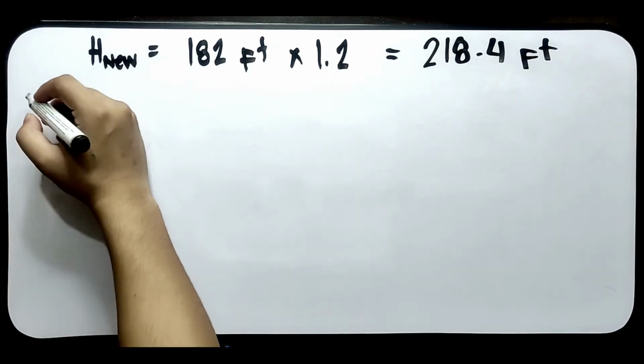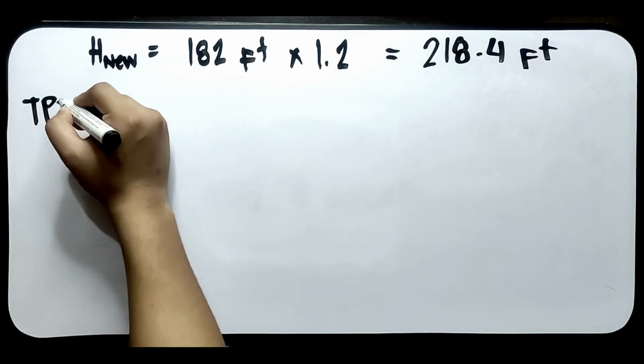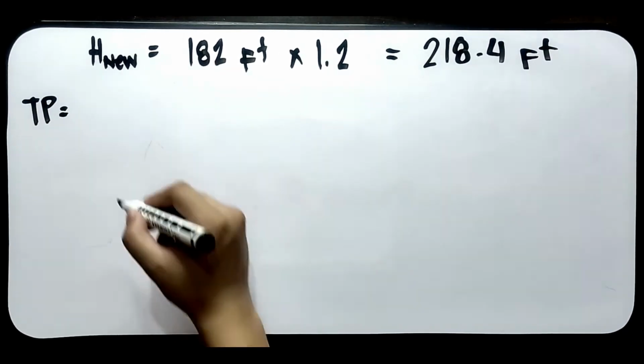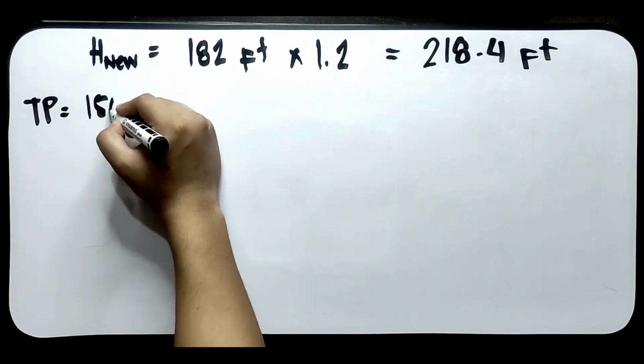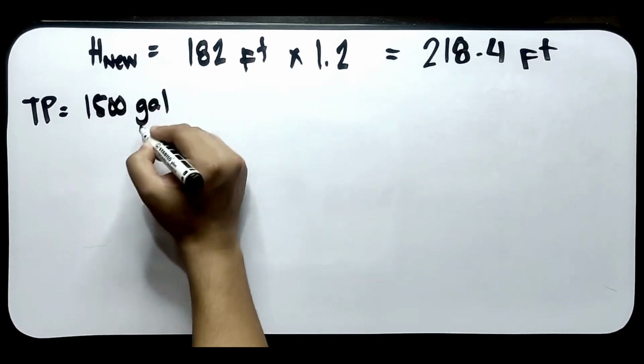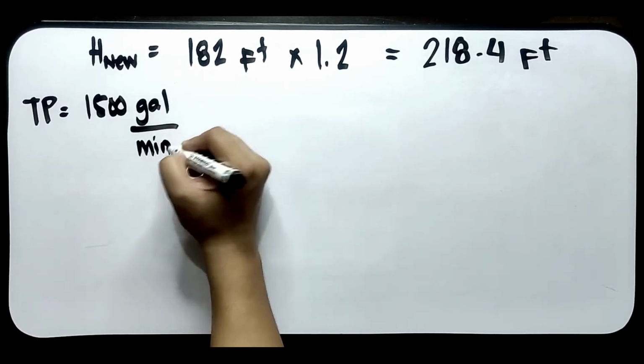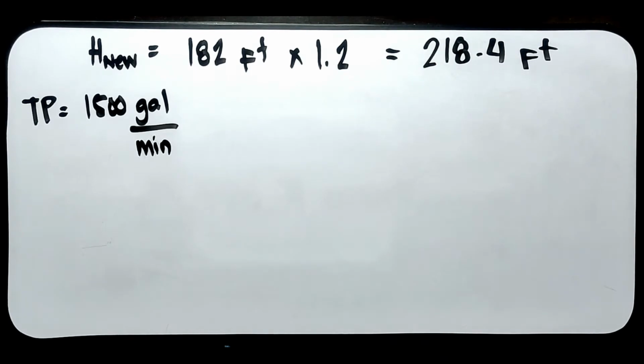And kailangan natin computein yung kanyang theoretical power. Given ang mass flow rate, 1,500 gallons per minute. Naka-gallons to, so mas maganda i-convert natin into pwedeng liters, pwedeng kilogram, pwedeng pounds.